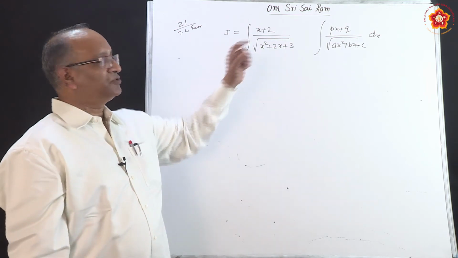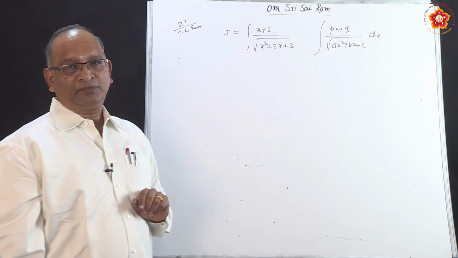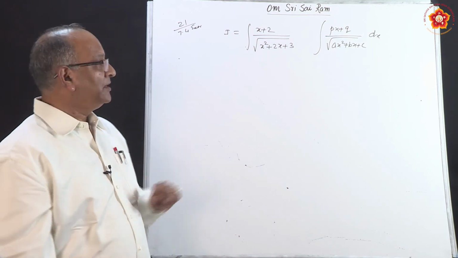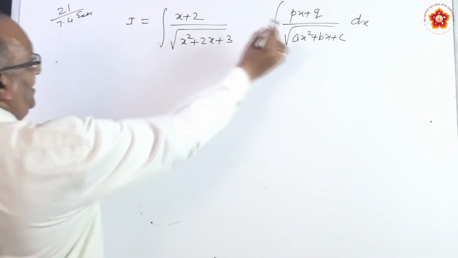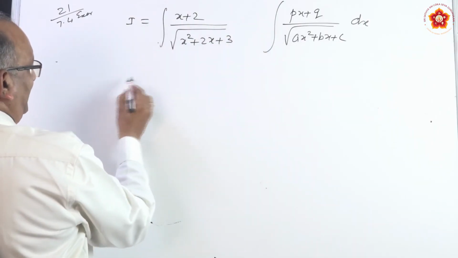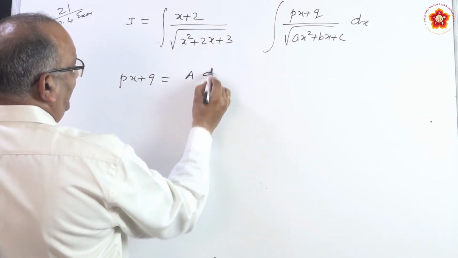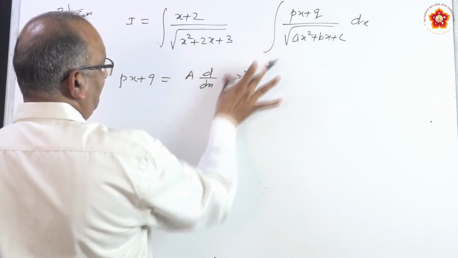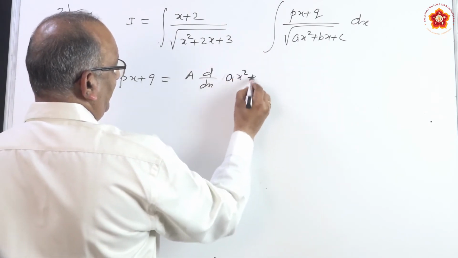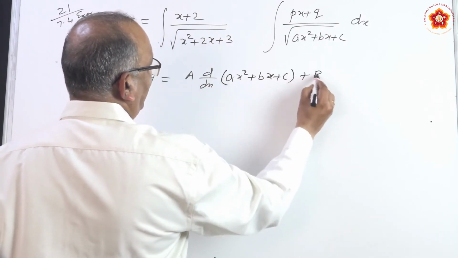How are we supposed to do that? How are we supposed to solve that? The method was to express px plus q as a into the derivative of ax square plus bx plus c, plus b.